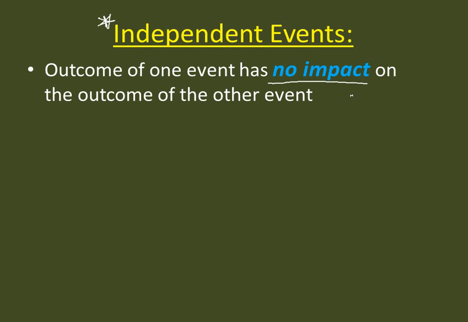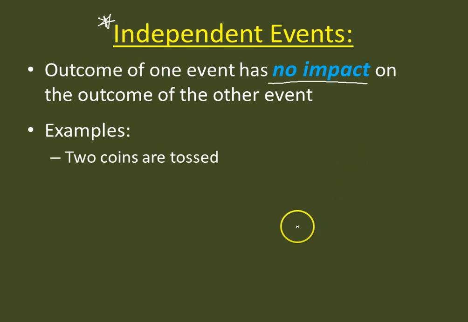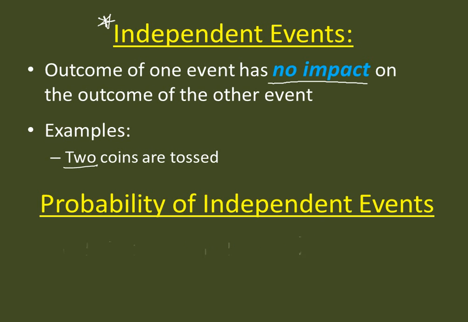Okay, so one outcome has no impact on the other, or one event has no impact on the other event. That's why it's independent. Now, an example, you toss two coins. Does it matter what happens in my first coin toss if I have a second coin that I'm tossing? Two different coins, two different tosses, one has no impact on the other.